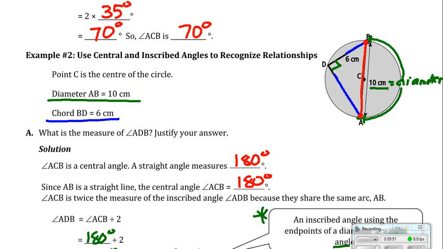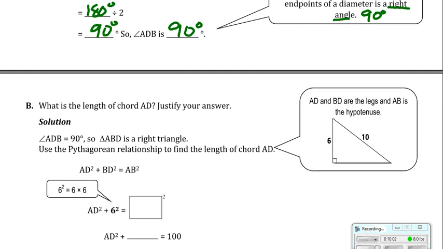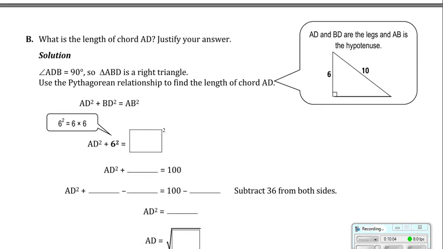Okay, the next thing they want to know is what is the length of A to D? So they want to know what that length is. Because we have a right triangle and we know 2 other side lengths, we can use the Pythagorean theorem. On your notes, I've recopied the triangle down. This is the length that we want to know. First thing we do, it's a 90-degree angle, so we know it's a right triangle.